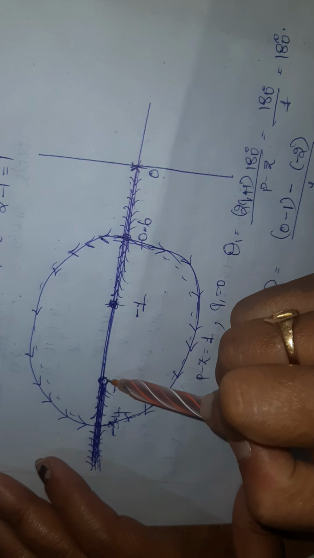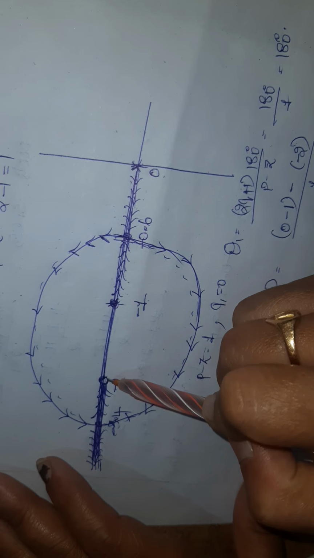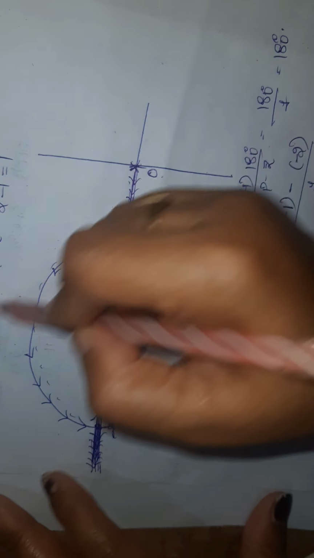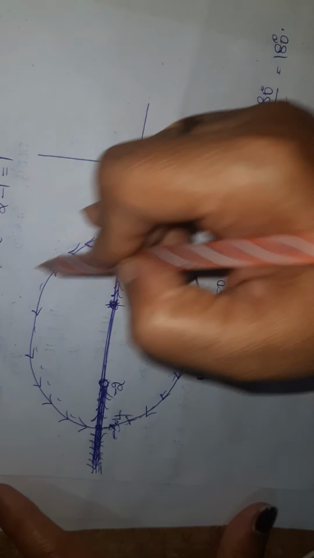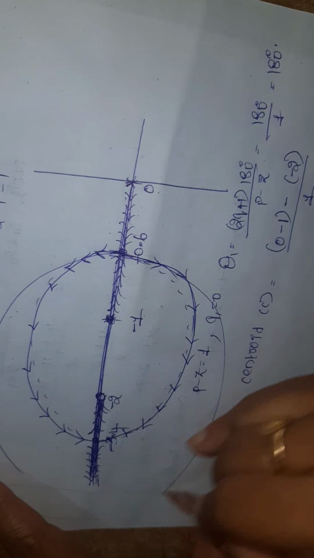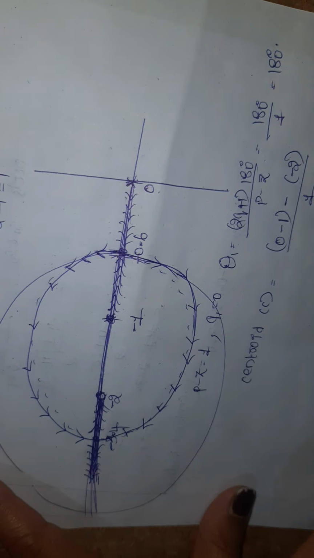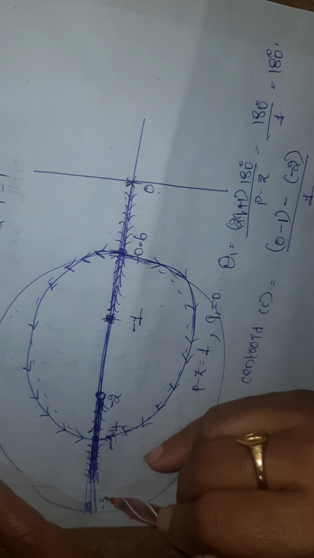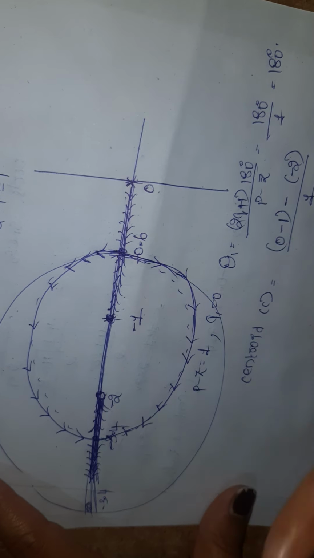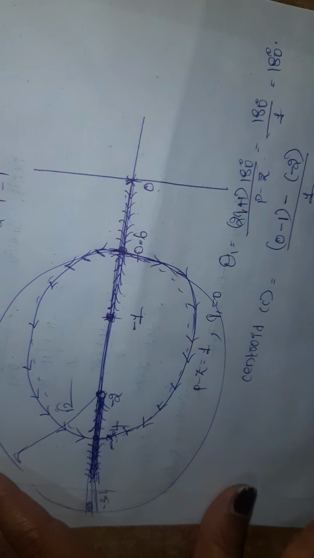Actually, the circle will be bigger, like this, and here minus 3.4 will be there. Then it will be the radius, root 2.